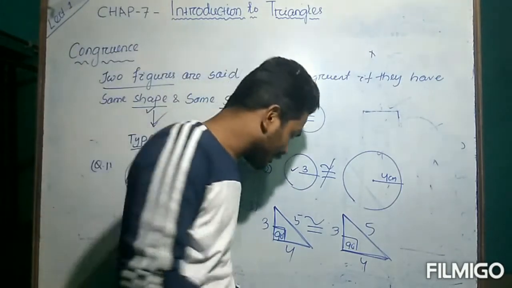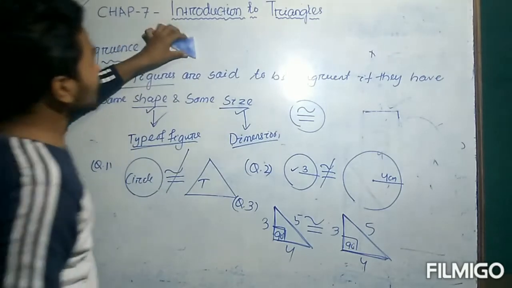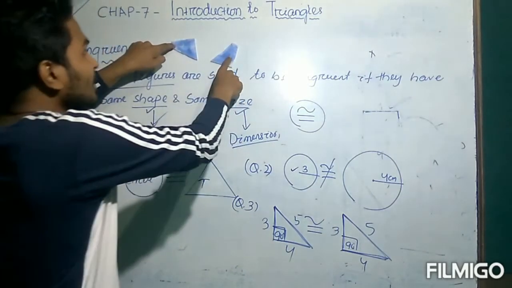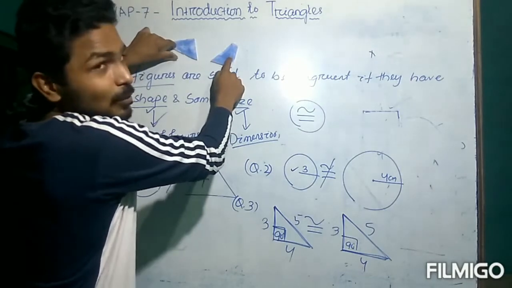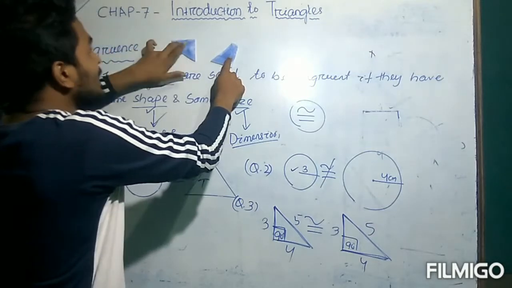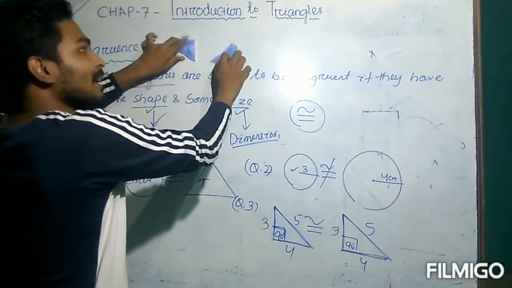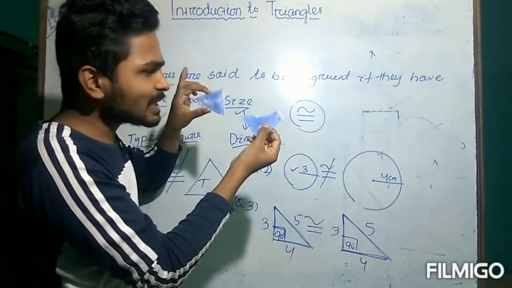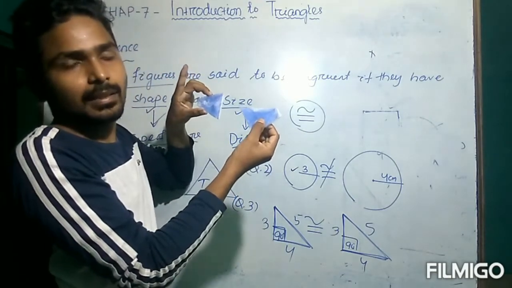Understood? Similarly, if we talk about this figure and this figure, whether these two figures are congruent, yes or no? See how many sides it has? 1, 2, 3, 4, 5. It is a pentagon. It is also a pentagon. So these two figures are pentagons, but they seem to have different sides. Yes or no?